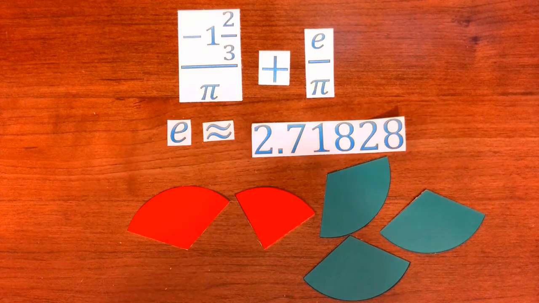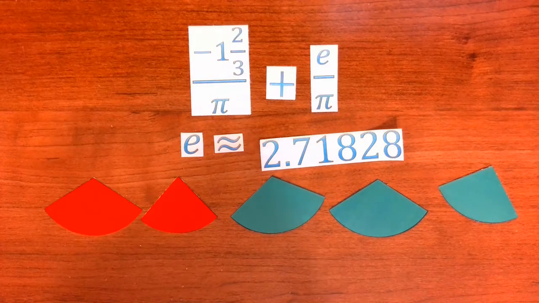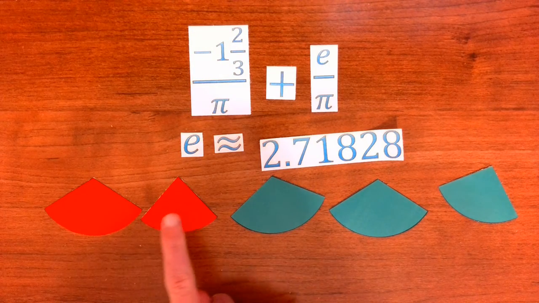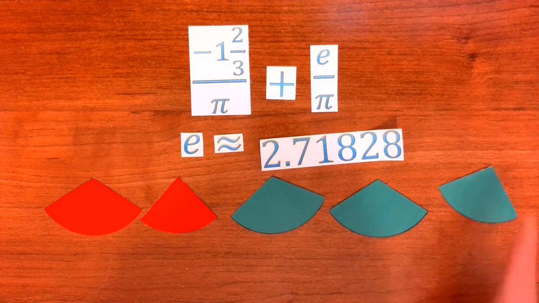Well, that was too much. So what I'm going to do is I'm going to cut up this piece into 2 parts, one of which would be approximately 0.71828 of this piece. So let's go and do that. So now I have negative 1 and 2/3 over pi and positive e over pi.